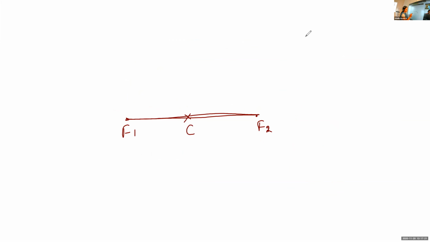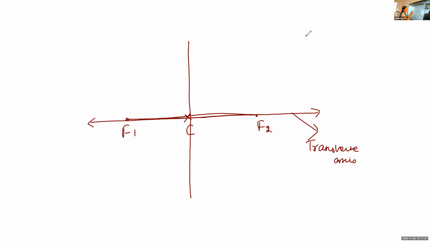The line F1, F2 we call the transverse axis. And the perpendicular drawn through the center, perpendicular to the transverse axis, we call the conjugate axis.